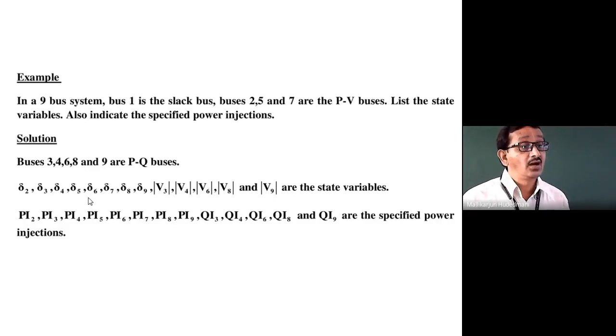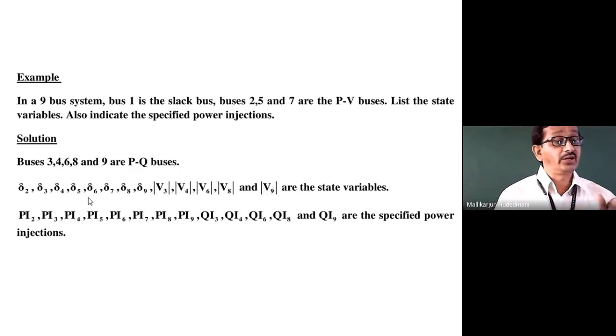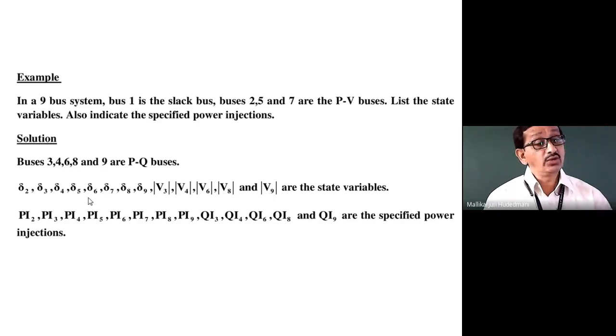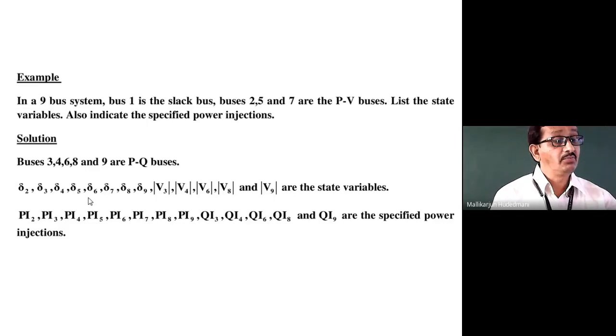How do you get this delta and V? I am trying to give you a route. To get delta, I should use the P equation. To get V, I should use the Q equation. Then how many times should I solve the P equation? How many times should I solve the Q equation? I am going to give you an indication. To get delta 2, what should I do? P2 you have to solve, the P injection at bus 2. Delta 3, P3.